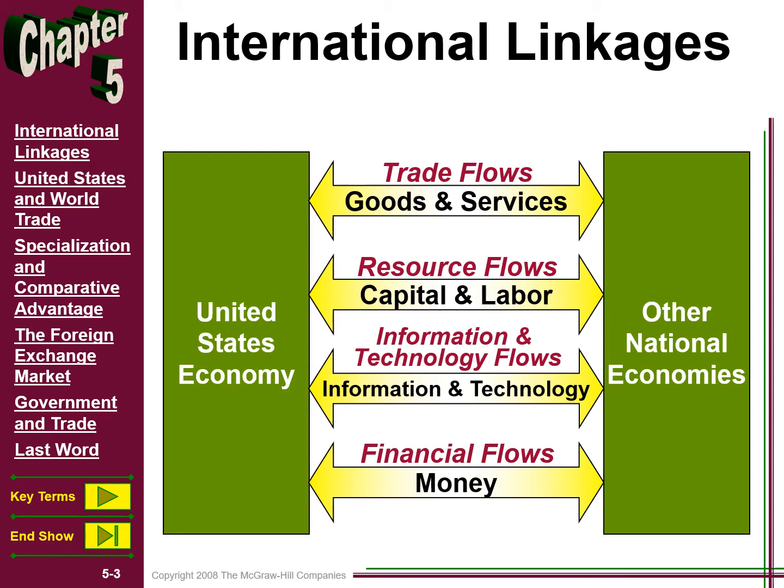So we need financial flows to keep the entire system moving, and then we need a way to translate the prices of goods and services and the prices of resources in one country's currency in terms of another country's currency. So we'll talk about exchange rates and how exchange rates make financial flows possible. So these are our four international linkages: trade flows, resource flows, information technology flows, and financial flows.